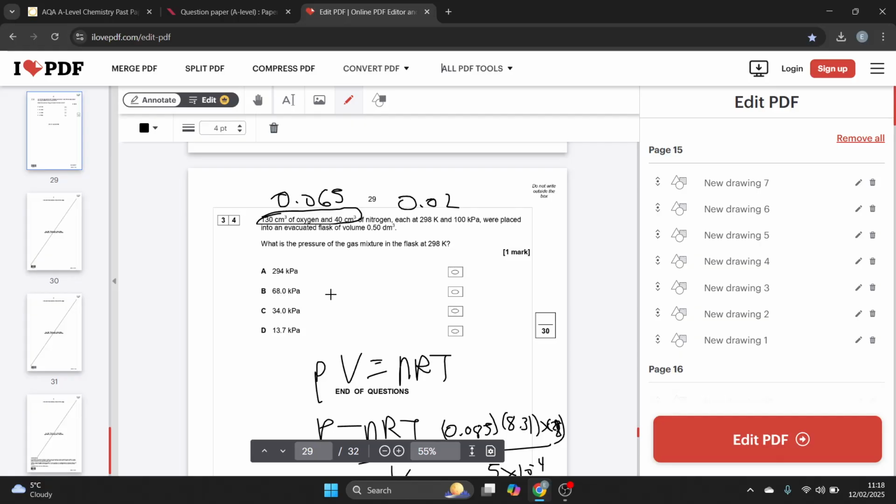Pressure is always measured in pascals, but when in kilopascals, I divide by 1000. I get 321. If I do the same thing for nitrogen, yeah, I'm not getting the correct answer, am I? Unless I've done a conversion wrong.